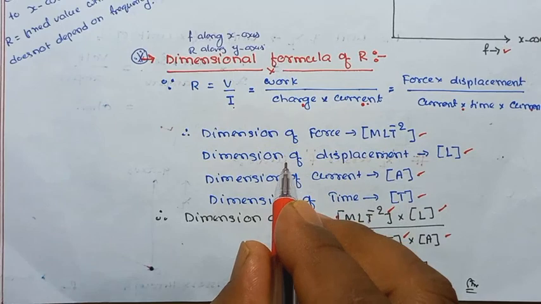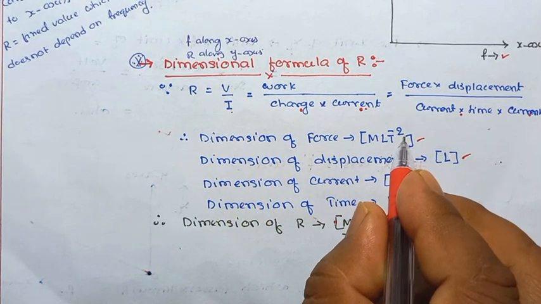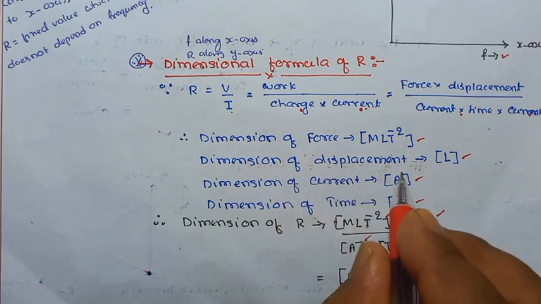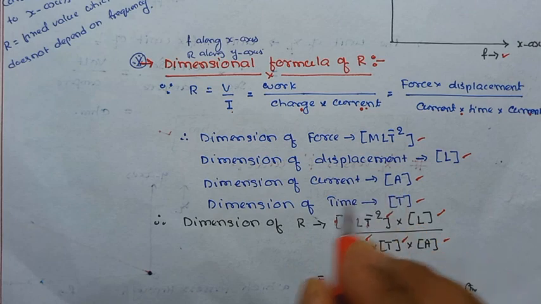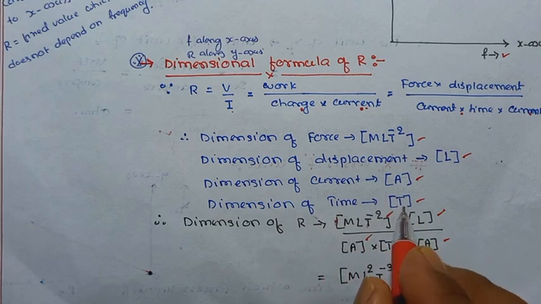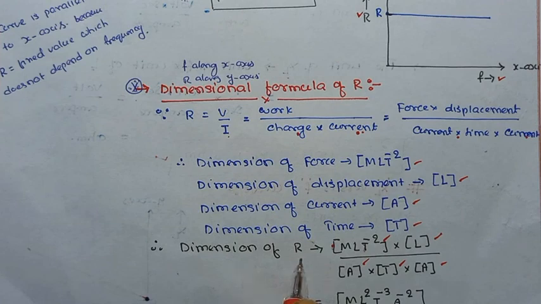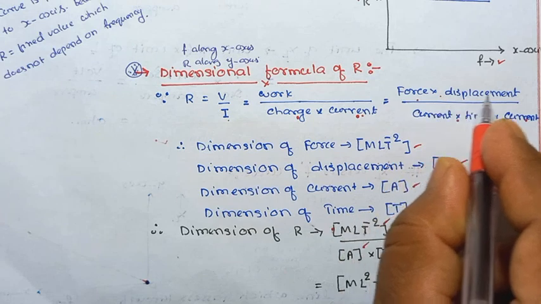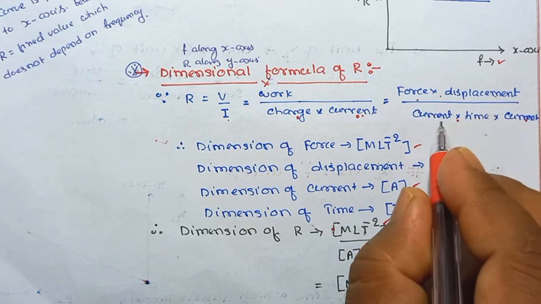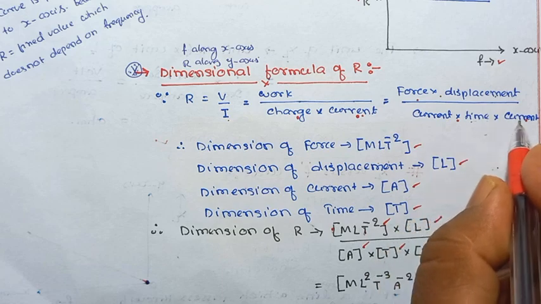So the dimension of force is MLT inverse 2, the dimension of displacement is L, the dimension of current is A, the dimension of time is T. Therefore the dimension of R is the dimension of force into the dimension of displacement divided by the dimension of current into the dimension of time into the dimension of current.